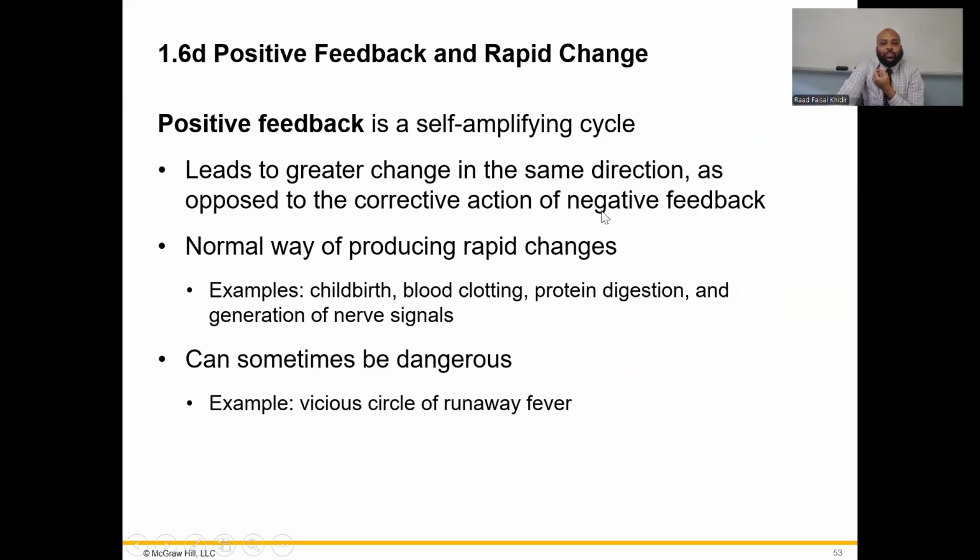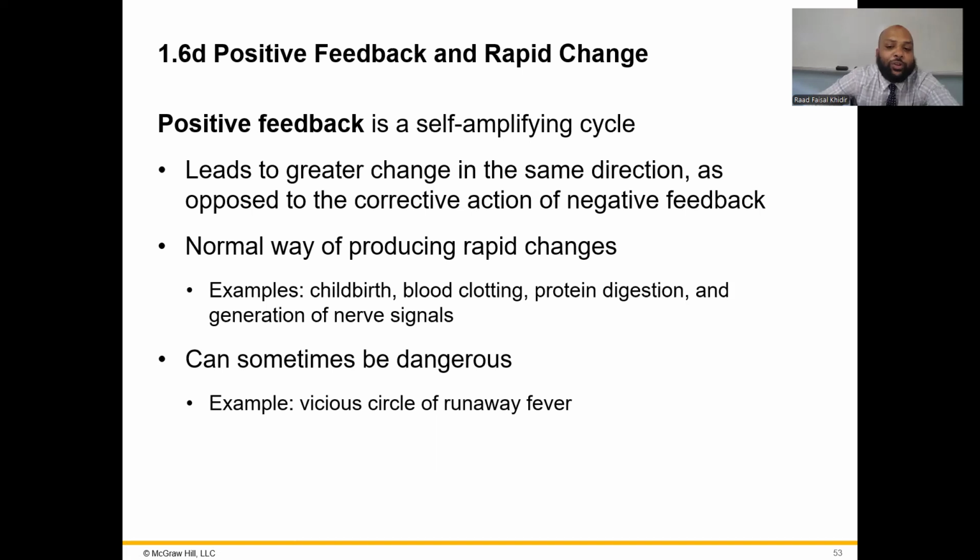Positive feedback and rapid change. So positive feedback is a self-amplifying cycle, and it leads to greater change in the same direction, as opposed to the corrective action of negative feedback.